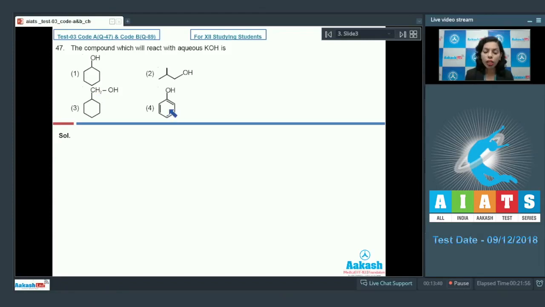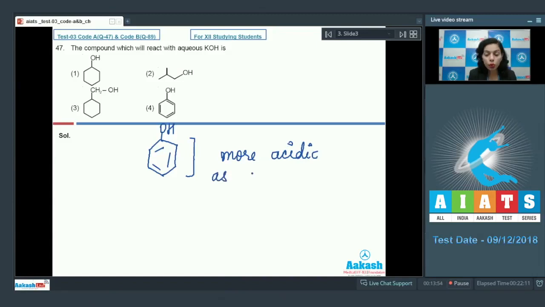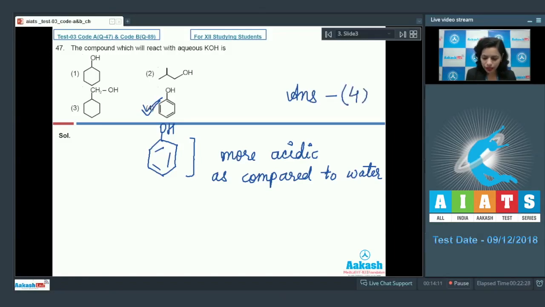But if we talk about phenol, this phenol is more acidic as compared to water, and due to this nature it will react with aqueous KOH to form the product, and that's why I'll choose this fourth option as the correct answer. Now after this, it's the turn for the next question.